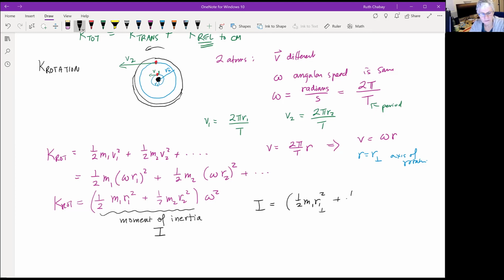Sorry, the half should come out. So K rotation is a half I omega squared.